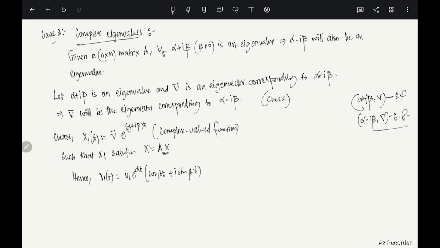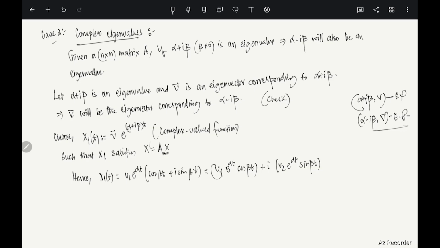This is true. So it becomes essentially v1 times e power alpha t cosine beta t plus I v2 e to the power alpha t sine beta t. We can write it like this. So basically we can just break up the real and the imaginary part.